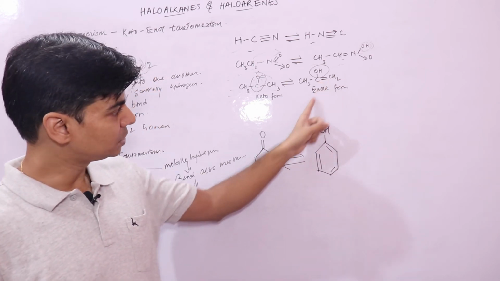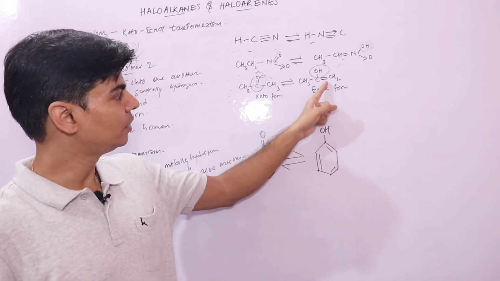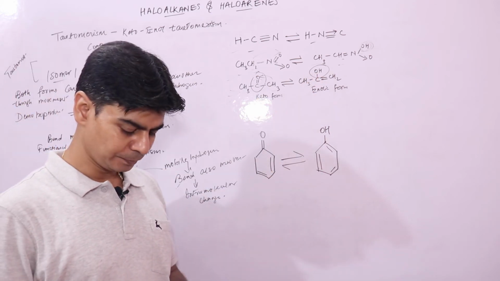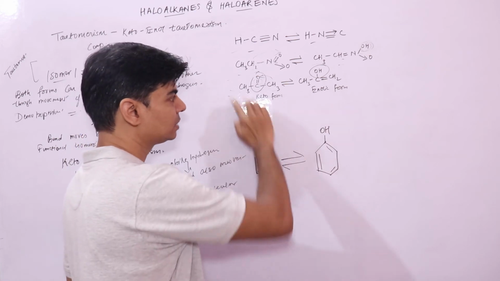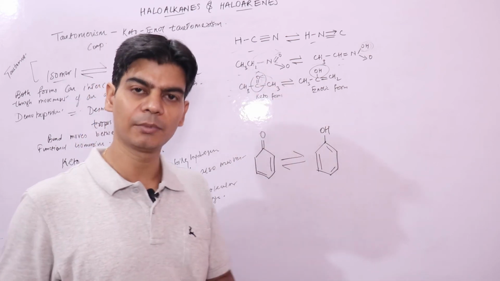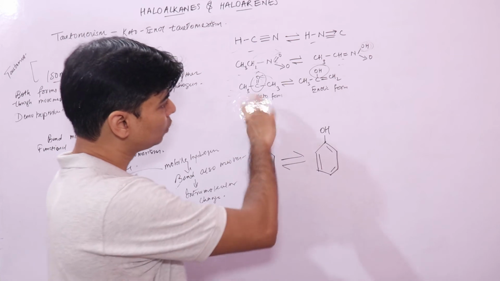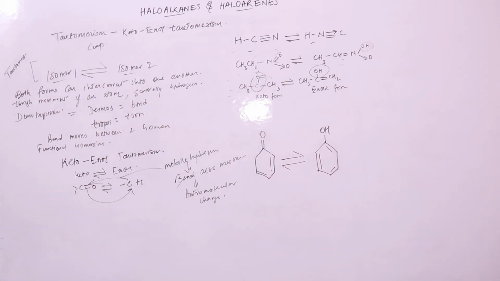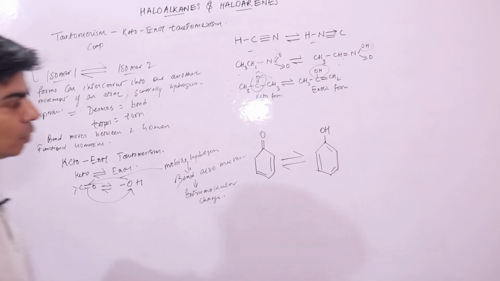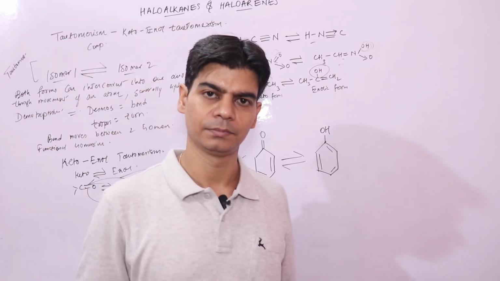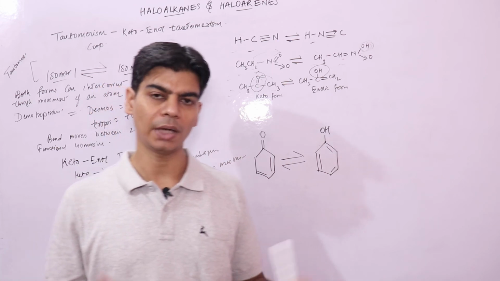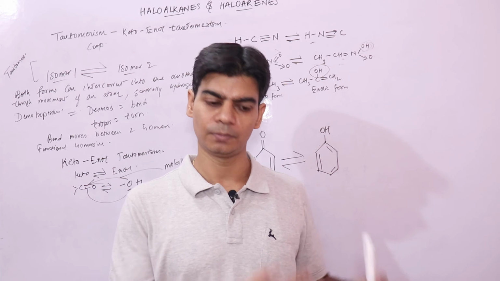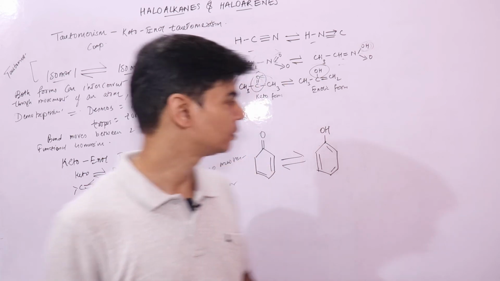And when this form changes into this, the double bond will move between carbon and oxygen, right? So here this change is taking place within the molecule. So it's an intramolecular change, right, which is due to mobile hydrogen, and a bond is also moving at the same time. This is your keto-enol tautomerism, and the two tautomers here are keto form and your enol form, right?